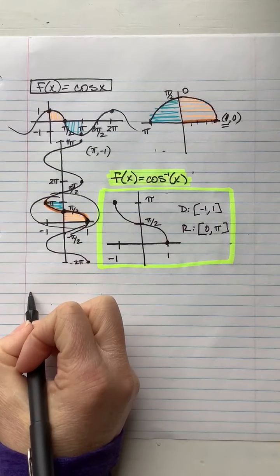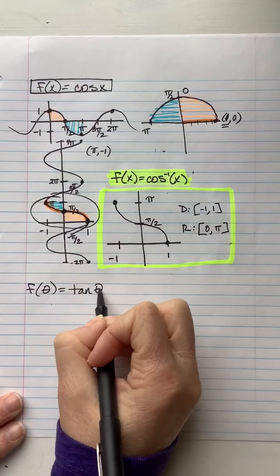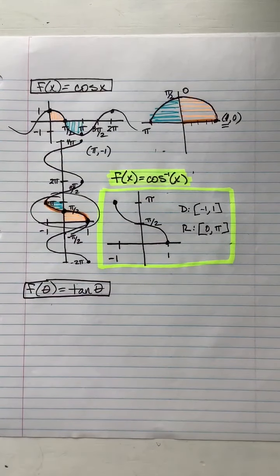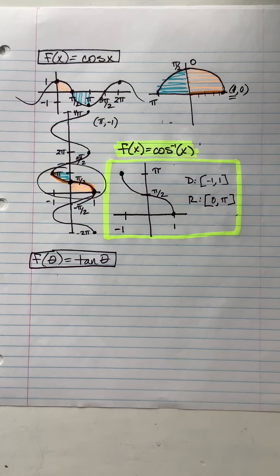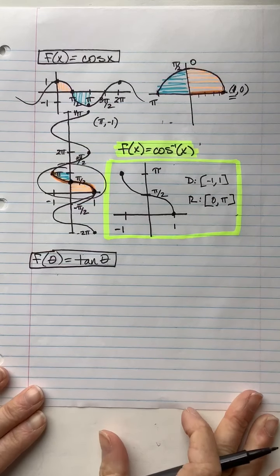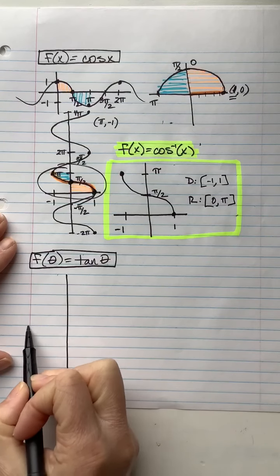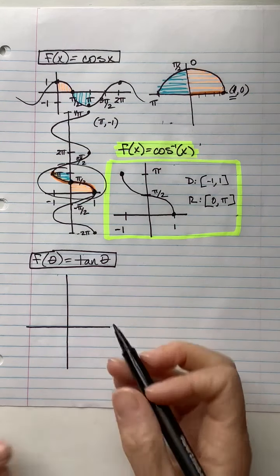Last but not least, everyone's favorite, tangent. Now, as challenging as tangent may seem typically because of all those asymptotes and the discontinuous nature of the function, it's actually one of your easier inverse functions. So if I look back to my parent for tangent, remember tangent includes that origin.